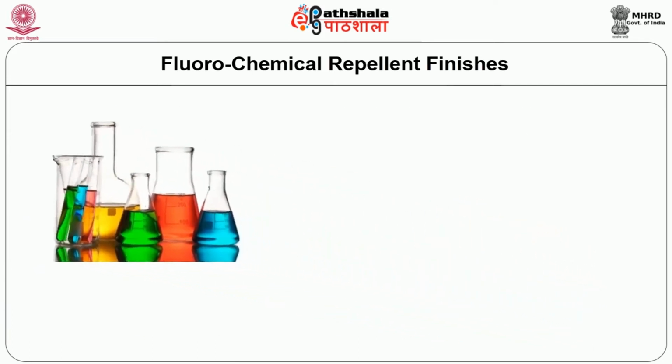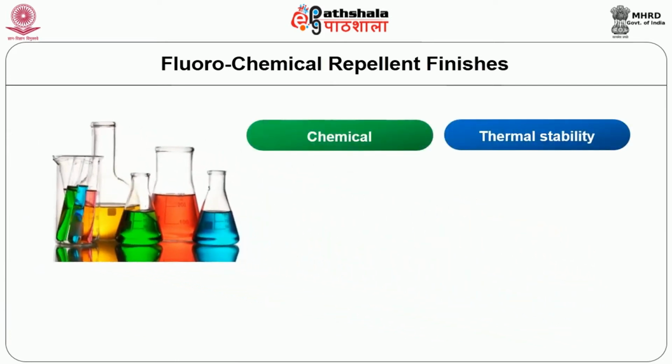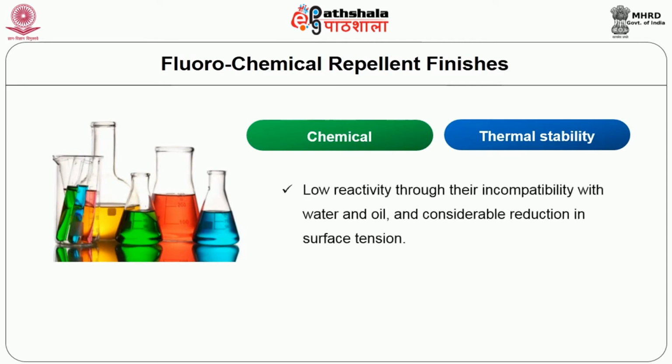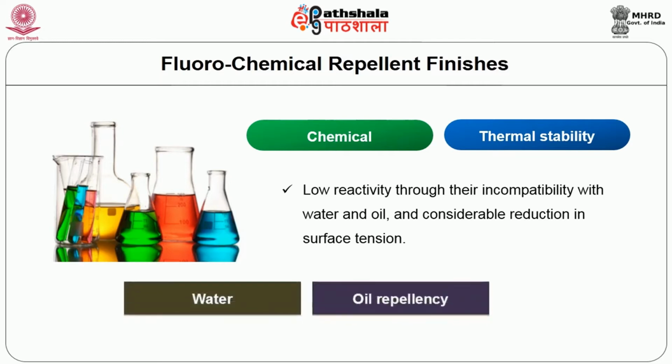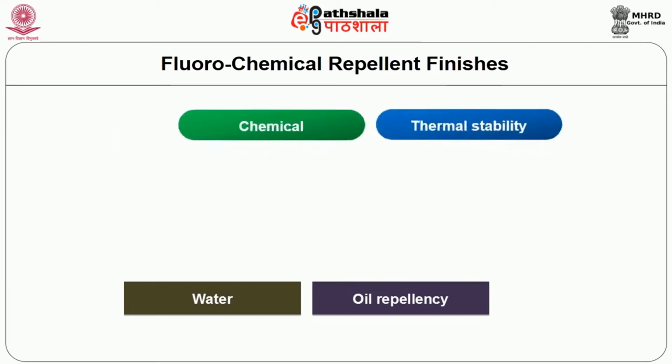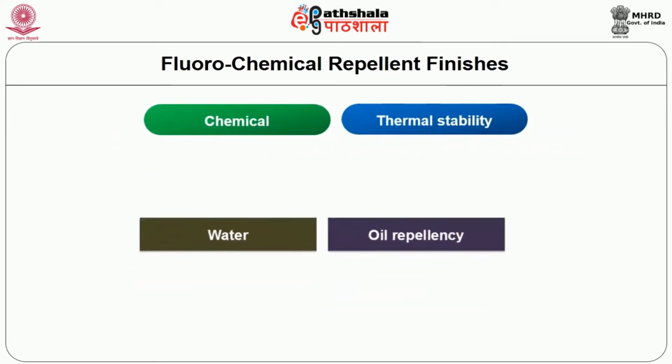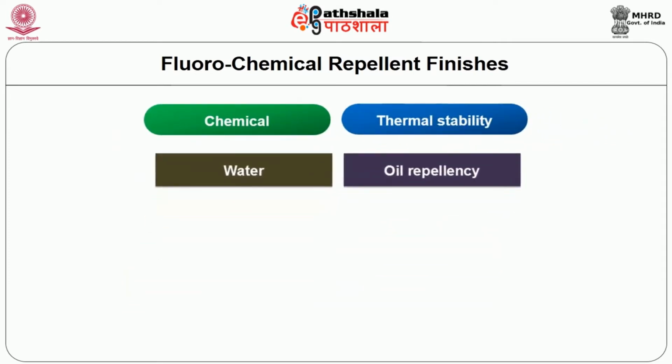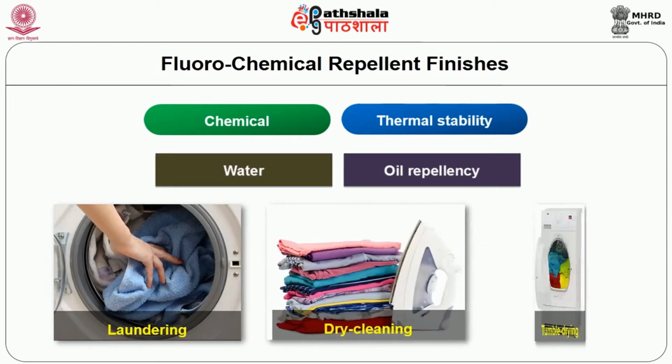Fluorochemicals exhibit outstanding chemical and thermal stability, low reactivity through their incompatibility with water and oil, and considerable reduction in surface tension. It is this latter property which is of particular importance in the context of water and oil repellency, while their chemical and thermal stability contribute towards the durability of the surface finish to fabric care treatments such as laundering, dry cleaning and tumble drying.